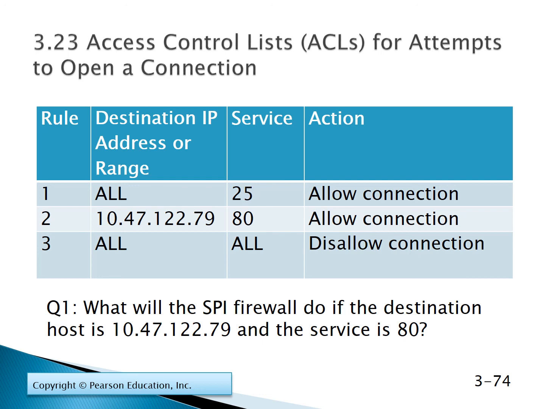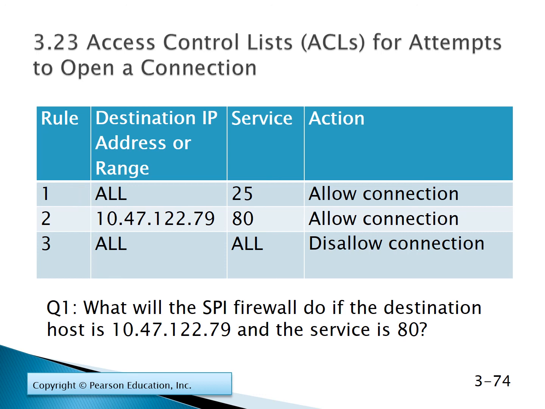If it's from this IP address, 10.47.122, and the server is 80, so probably going for the web server, then we allow the connection. Rule 3 is for all IP addresses and all services, and that will disallow the connection.